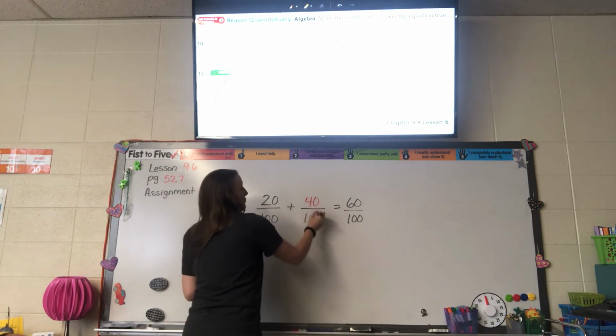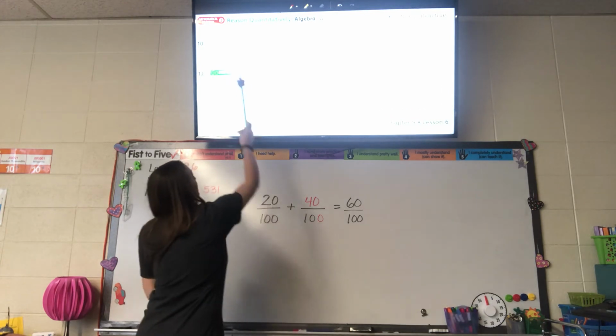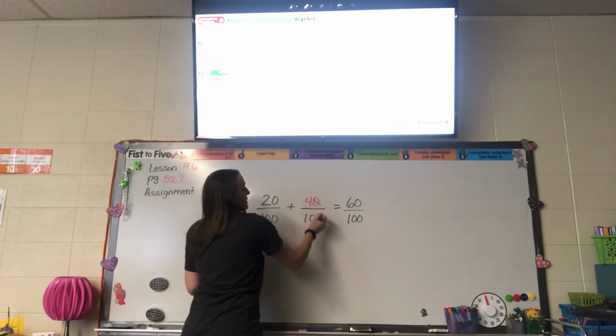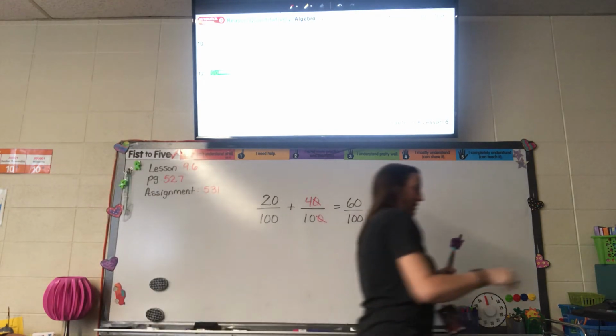However, it would be 40 hundredths, right? And since they've got it in the form of tenths, we're going to cross off these zeros and make it 4 tenths.